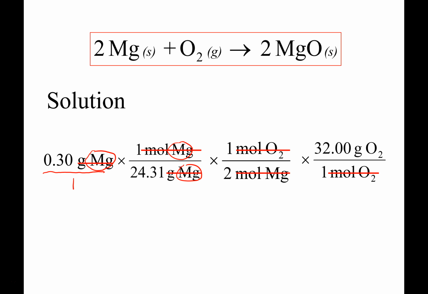In chemistry, physical science, physics, biology too, as long as you set up problems so that you're honest about your units, your units should tell you if you have it set up right. Our goal was to go from grams of magnesium to grams of O2, and we definitely had grams of O2 units here. So sig figs, what do you guys think?